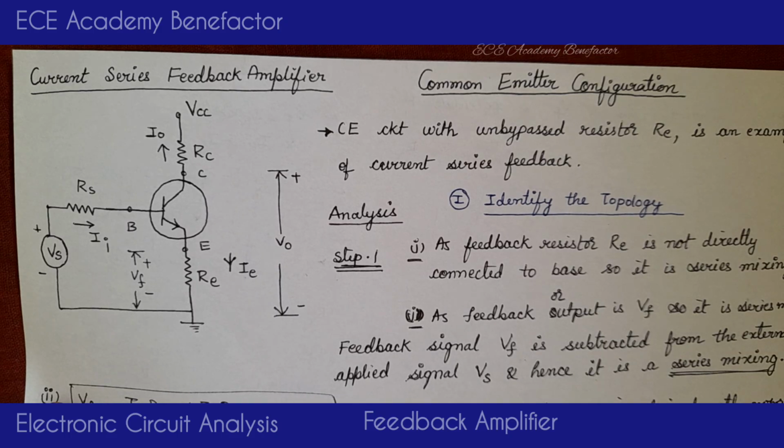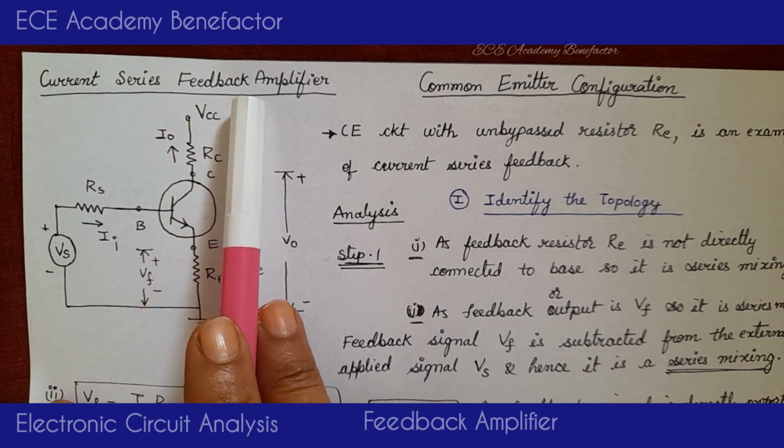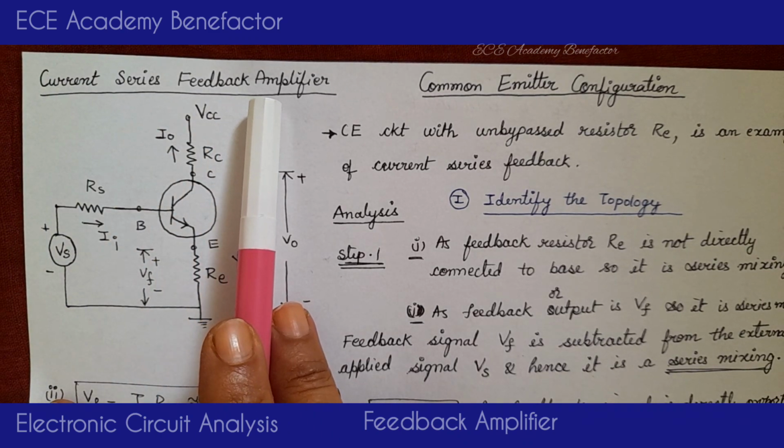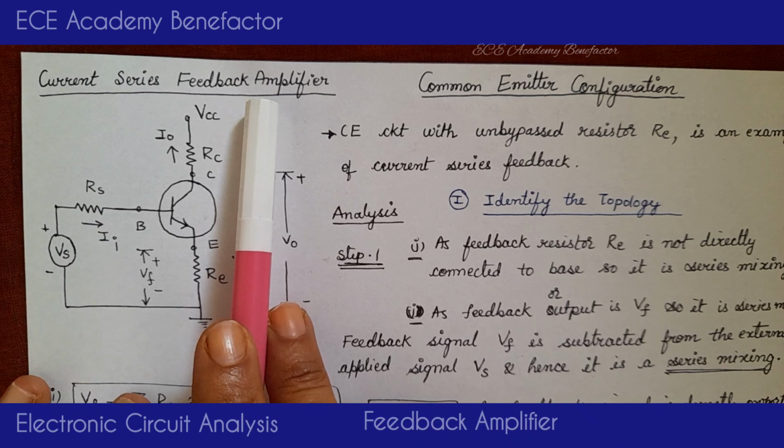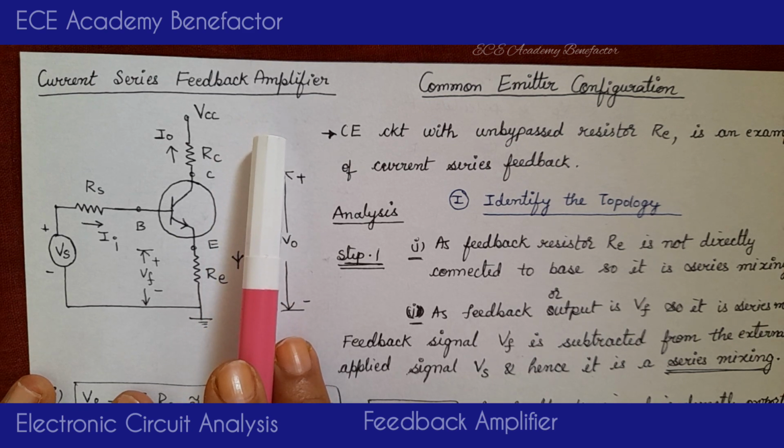Hello dear students, in this class we will be seeing the analysis of current series feedback amplifier. The other name of current series feedback amplifier is CE amplifier with unbiased emitter resistor.